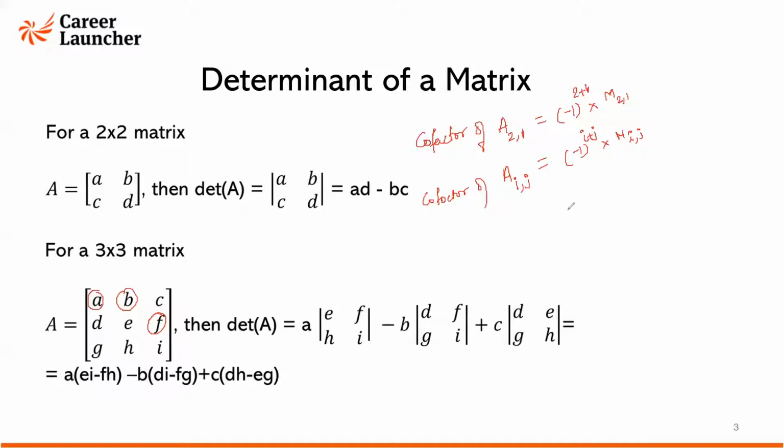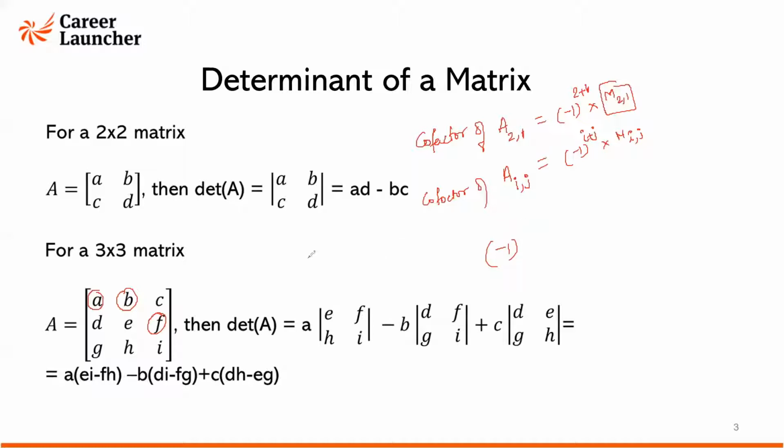So let us understand, forget about the minor part, we'll come to the minor later. So what is a cofactor? A cofactor is -1 taken to the power of the sum of the row and column of that particular element you're trying to calculate.